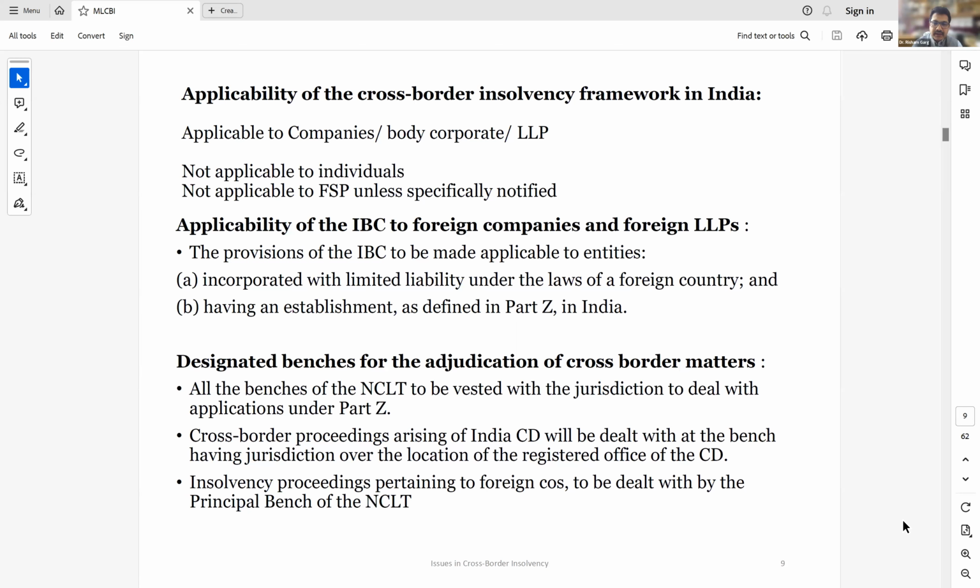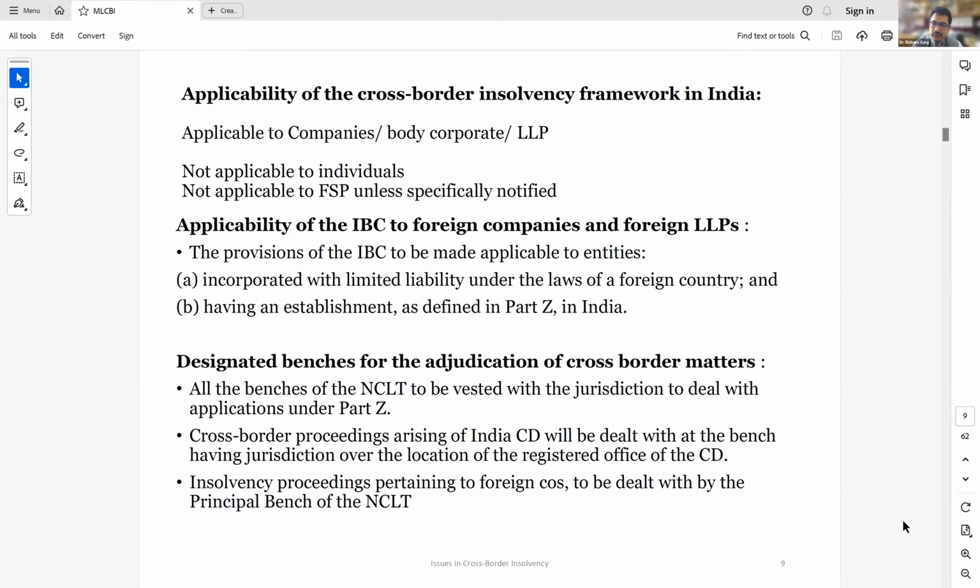Now, one question is why this is named as Part Z in the draft, and not regulations. The board issues several regulations. So whether the board could have notified the cross-border insolvency as regulations, for this we may go back to the joint parliamentary committee and the debate in the parliament when the IBC was being introduced.